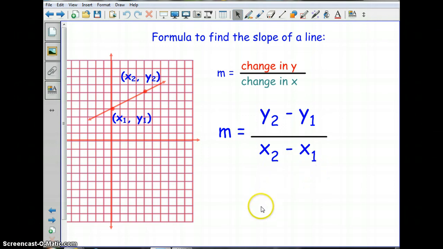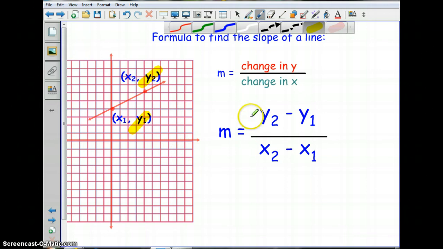Now, that's signifying our ordered pairs. So x sub 1 comma y sub 1, that's your first ordered pair. And then your second ordered pair is x sub 2, y sub 2. So how we find change is we subtract the difference. So we're going to take the difference here, y2 minus y1, and that's going to be your numerator.